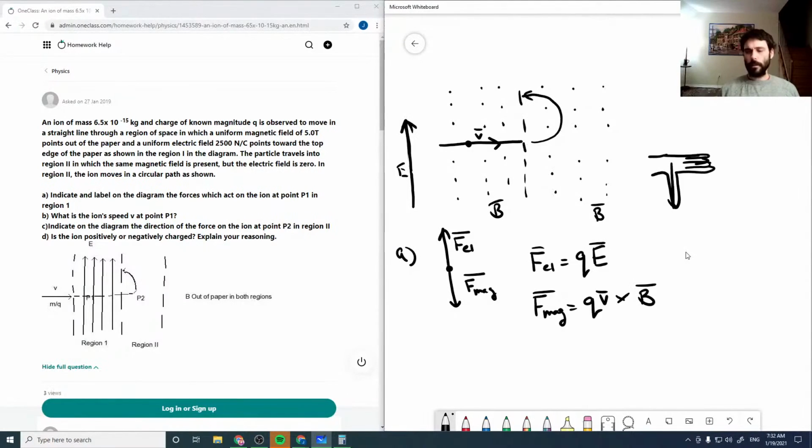So we can see that the force will point downwards. So this will be minus QVB in the y-hat direction. And we're given our E field is in the positive, so this will be QE in the y-hat direction. So that all checks out.